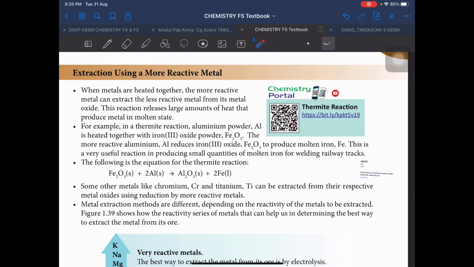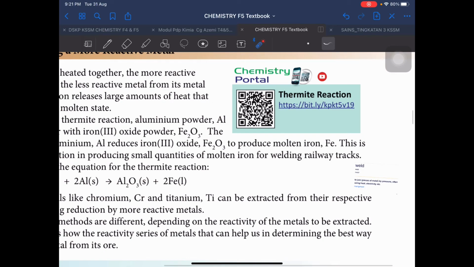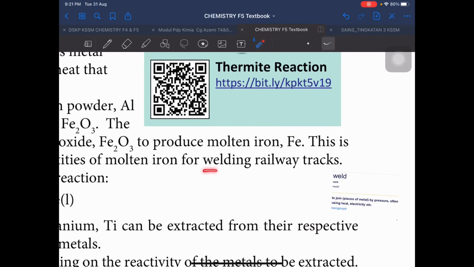Okay, kita mau daripada termite reaction ni kita mau hasilkan kuantiti leburan sikit sajalah, kuantiti yang sedikit, leburan besi. Leburan besi itu apa kegunaan dia? Contoh adalah welding railway tracks. Railway tracks, you know kan? Landasan kereta api. Welding tu apa?